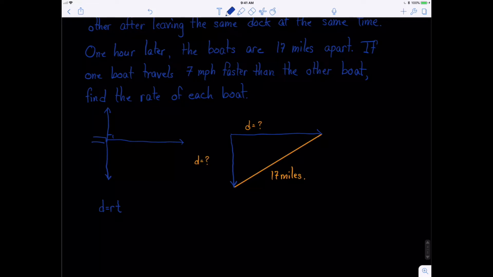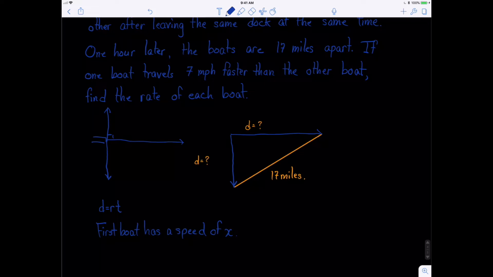So let's say the first boat has a speed of x. For example, if the first boat was traveling 10 miles an hour, the other boat would be traveling 17 miles an hour. You get that by saying 10 plus 7.